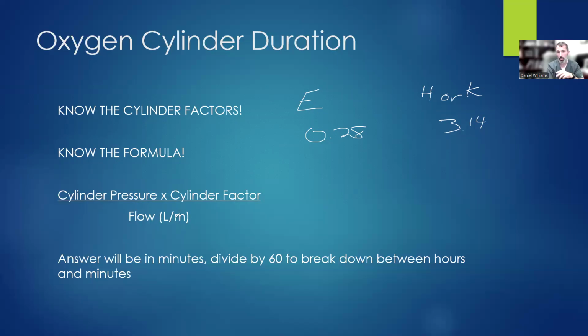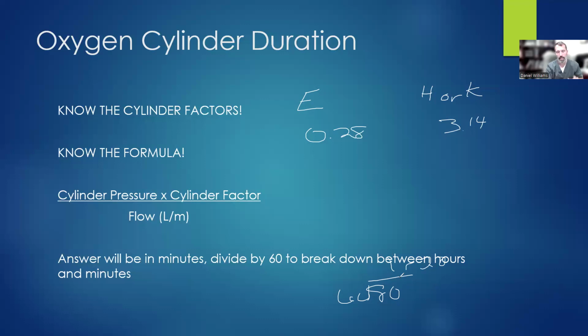You may be asked to report your answer in hours and minutes. So in order to do that, take the total number of minutes and divide that by 60 so that you can break that down into hours and minutes. So if you remember the old school way of doing it, if I had 80 minutes and I divided that by 60, then I know 60 will go in there one time with a remainder of 20 minutes. So it's an hour and 20 minutes.